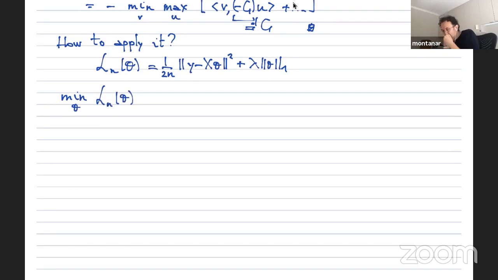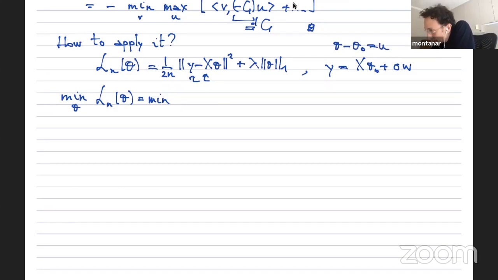Okay, so this is not a min max problem, but I can write it as a min max problem simply. First of all, let me do something. This has a first difficulty, that here y and x are correlated, so it doesn't take the simple form as we were describing before, but I can use the fact that y is equal to x times theta 0 plus a Gaussian vector, and I can define theta minus theta 0 equal u.